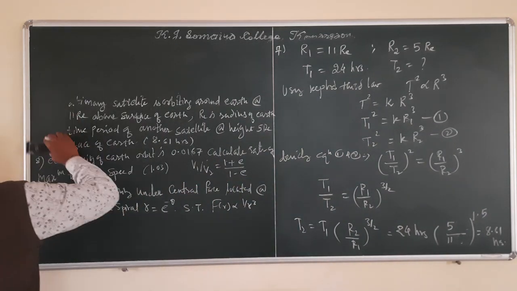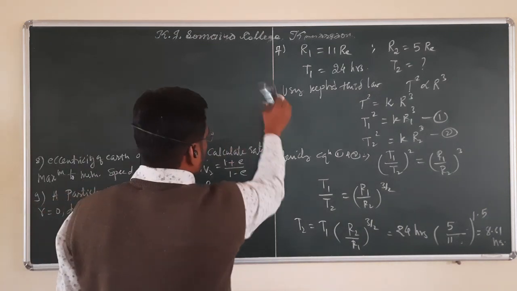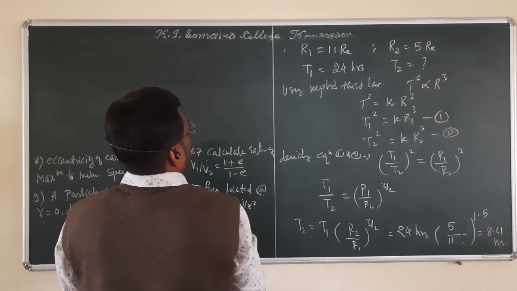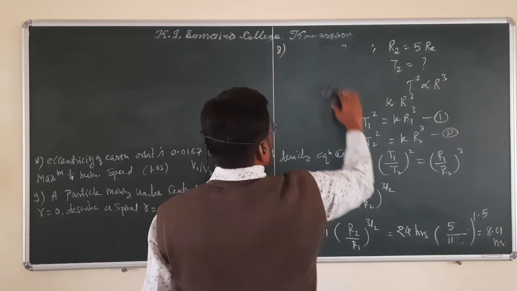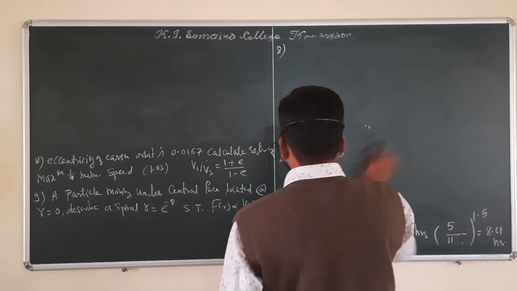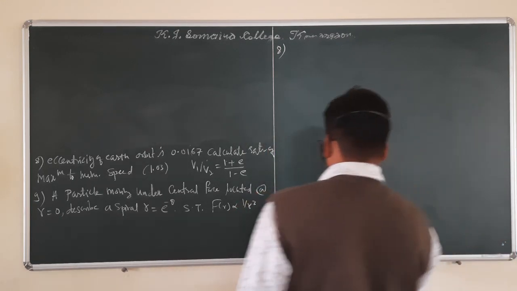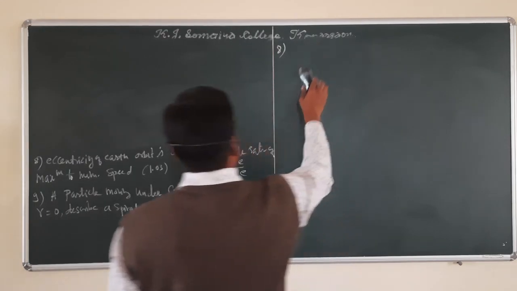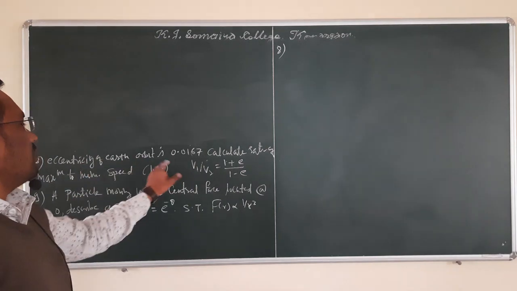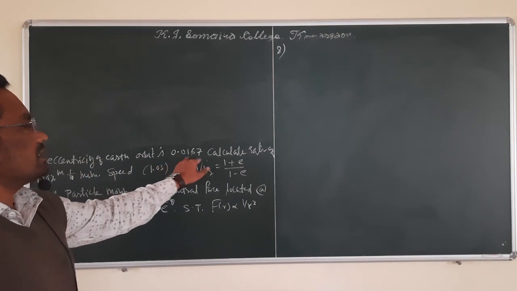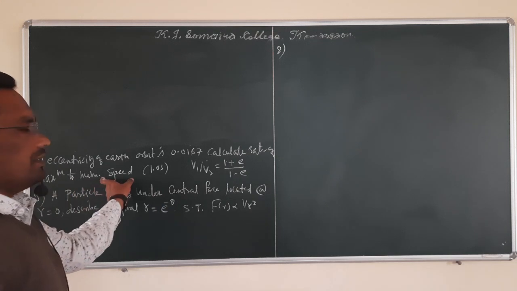Now we are going to problem number 8. In problem number 8, the eccentricity of Earth orbit is 0.0167. Calculate ratio of maximum to minimum speed.